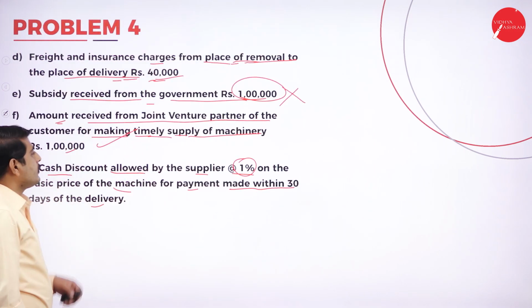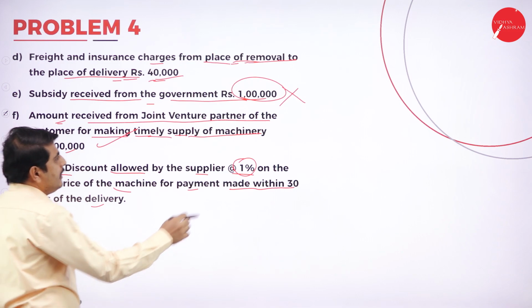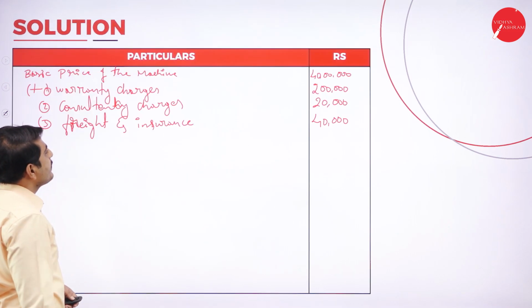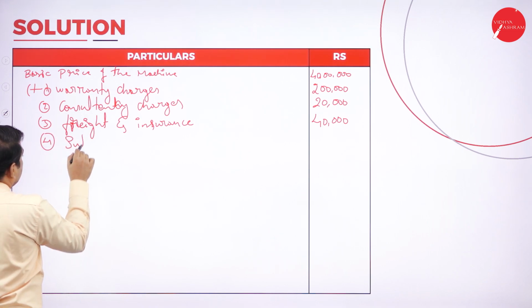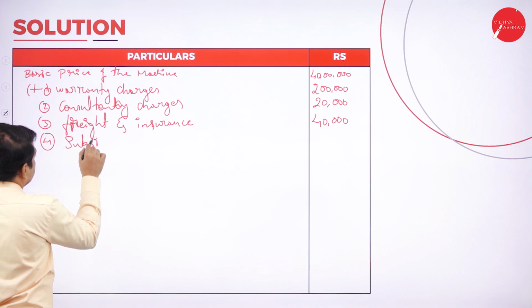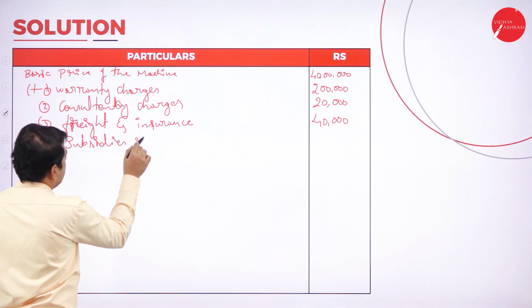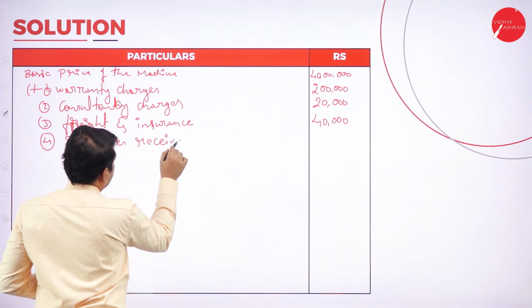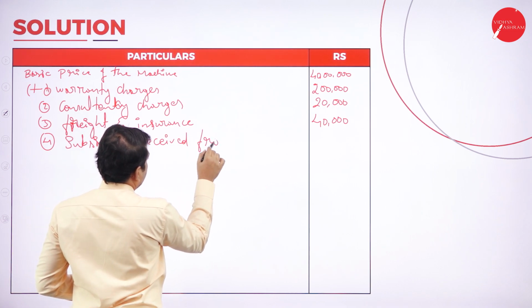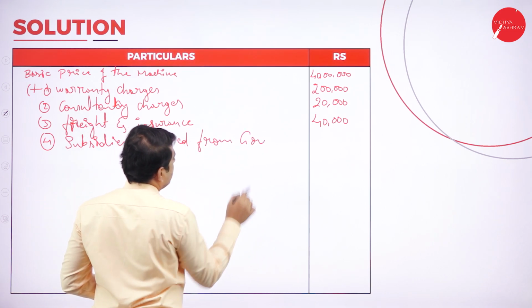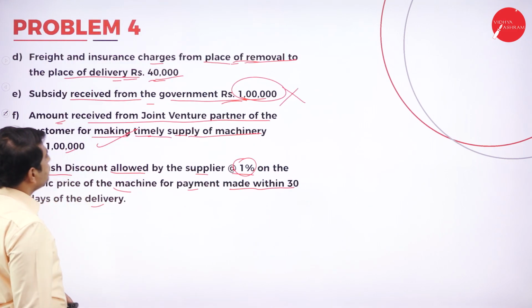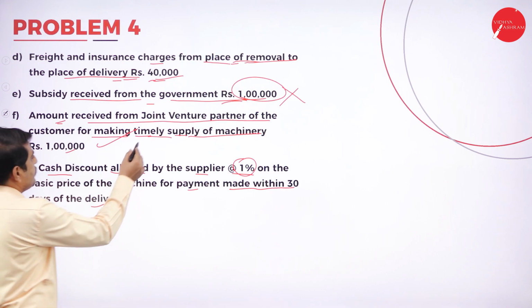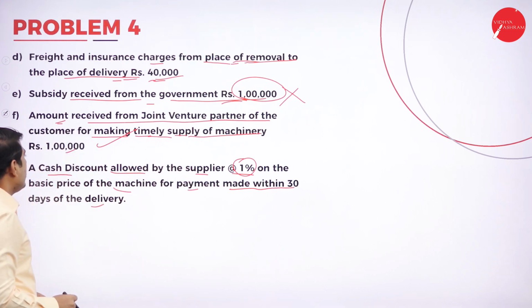Next item, subsidy received from the government, we should not consider this item. Let's write here, but we should not add the amount. Received from government, so nil, we should not add this item. Next item, amount received from the joint venture partner of the customer for making timely supply of the machine is 1 lakh.